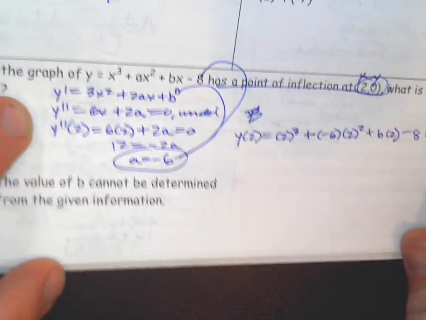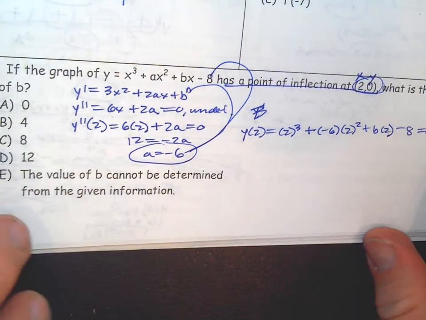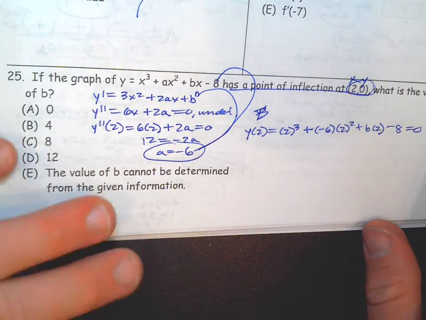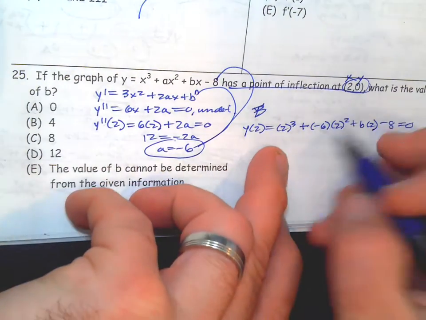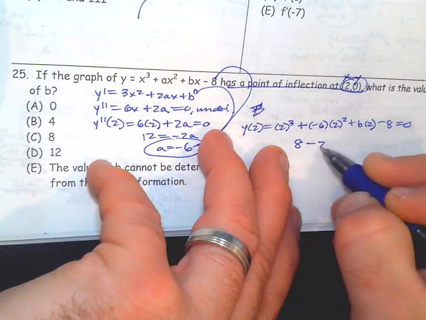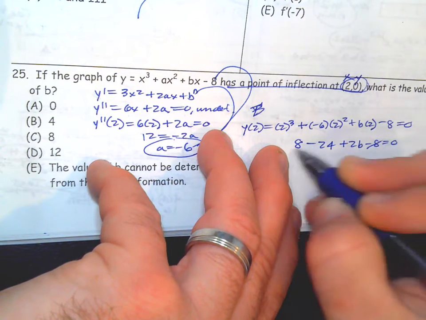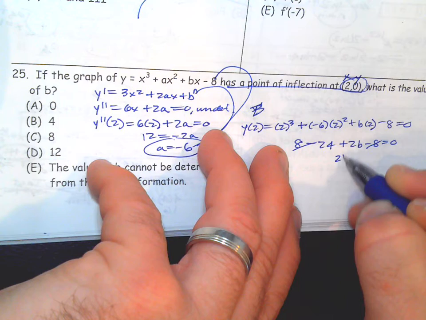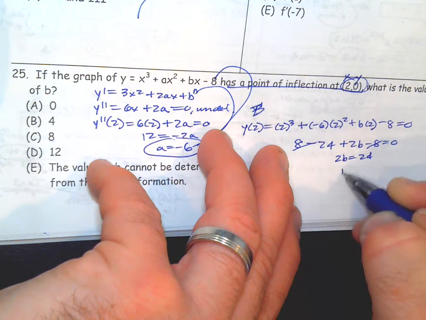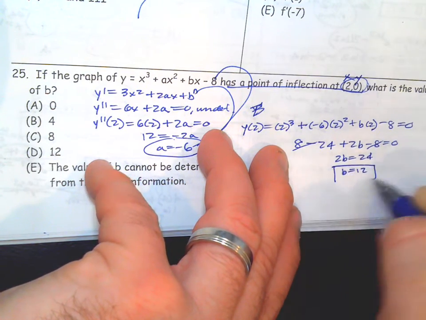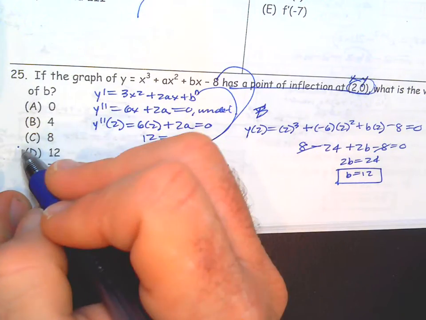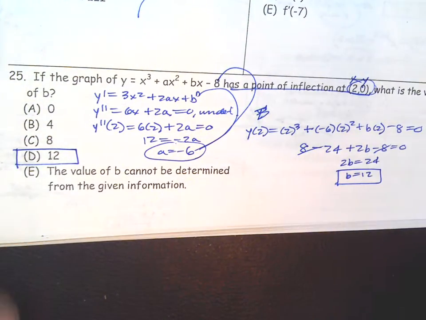They told you what the y value was. So we can solve this one now for b. So this is going to be 8 minus 24 plus 2b minus 8 equals 0. 2b equals 24, b equals 12. So the answer is D.